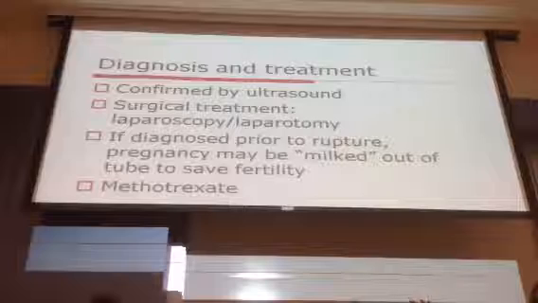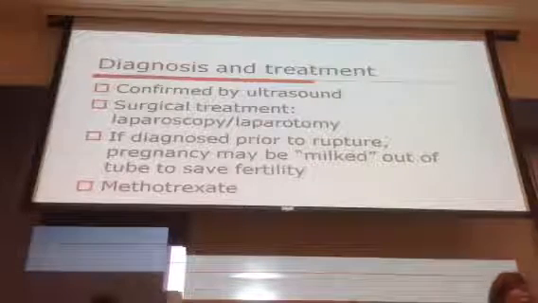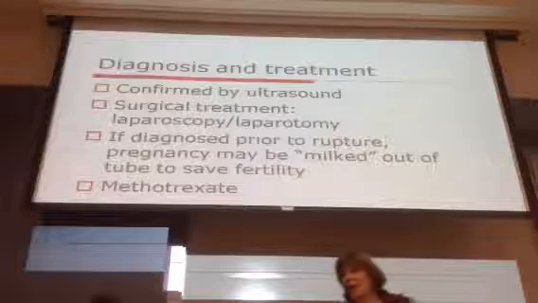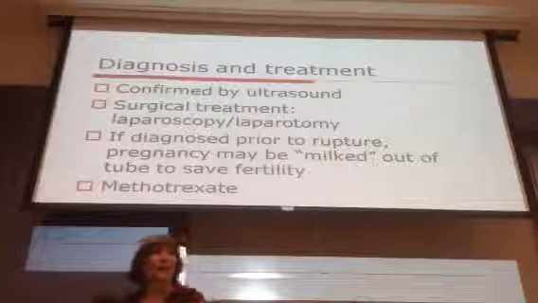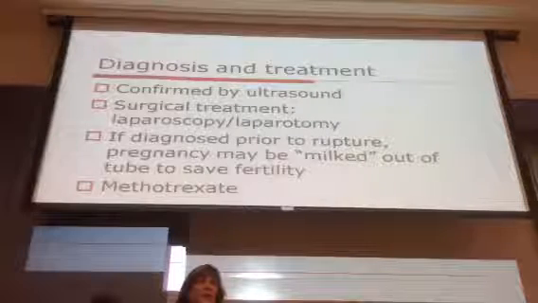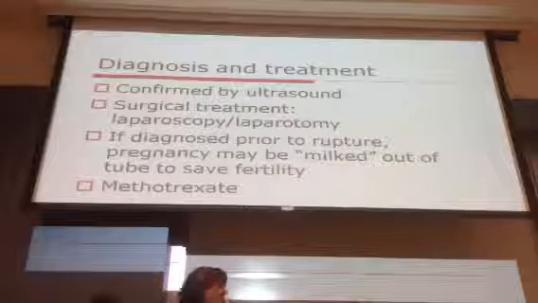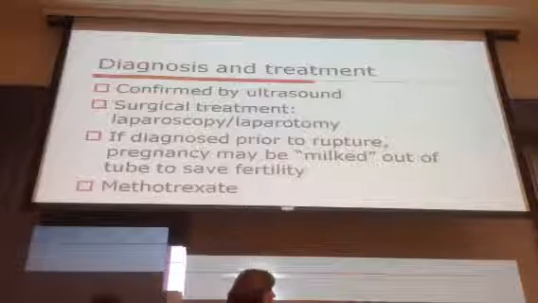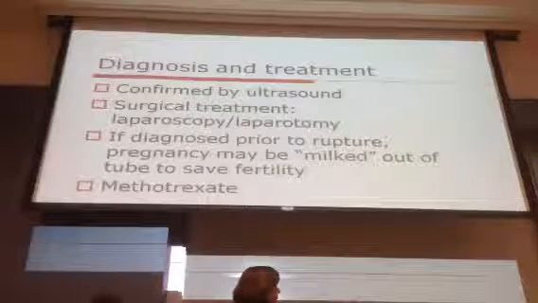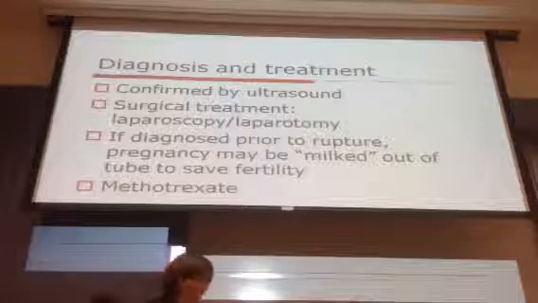The other thing that they often do is give methotrexate, and that's another possibility. Methotrexate is a chemo drug, right? It kills rapidly dividing cells, and at this point, the embryo is a set of rapidly dividing cells. So essentially the embryo dies, and the tissue is just sloughed off, either out the end of the fallopian tube or down through the uterus, and it's reabsorbed.